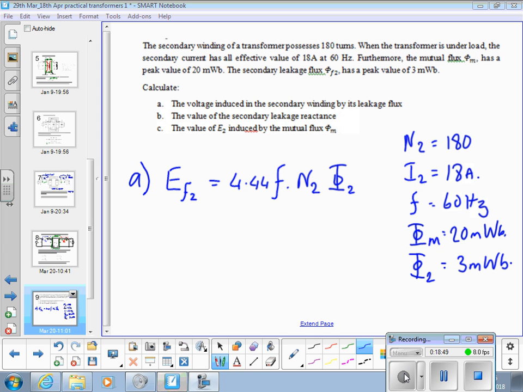So that's going to be 4.44 times 60 times 180 times 3 times 10 to the minus 3 webers. Let's have 143.9 then, shall we? Volts.